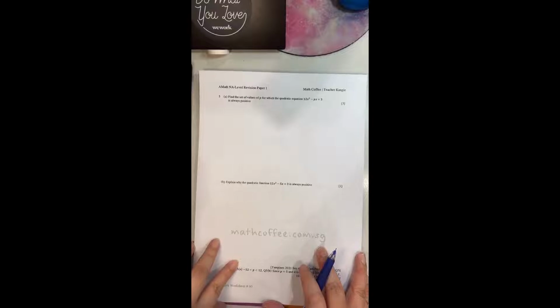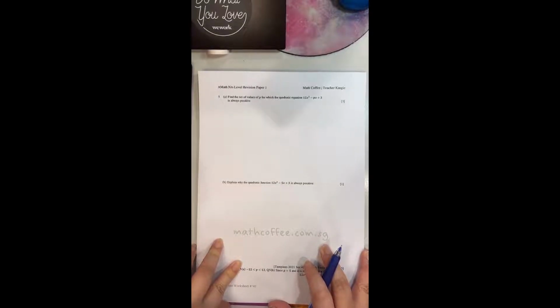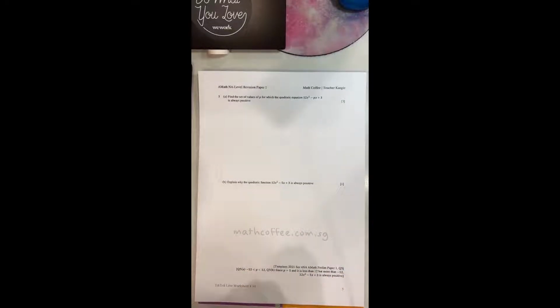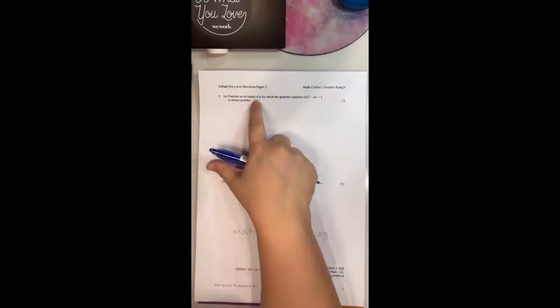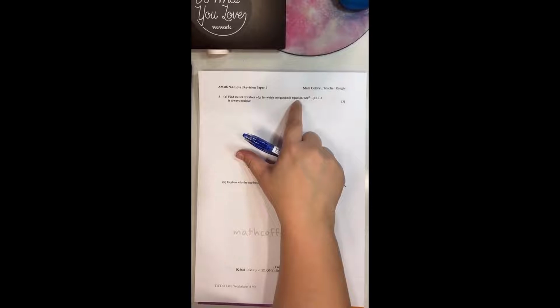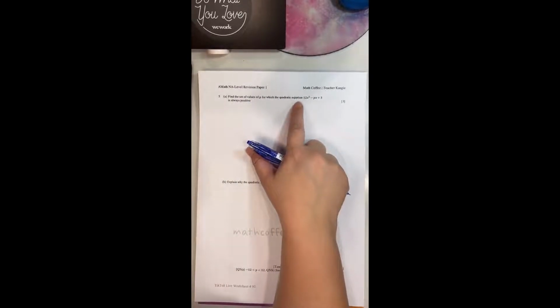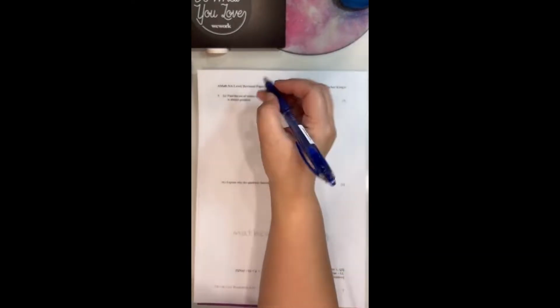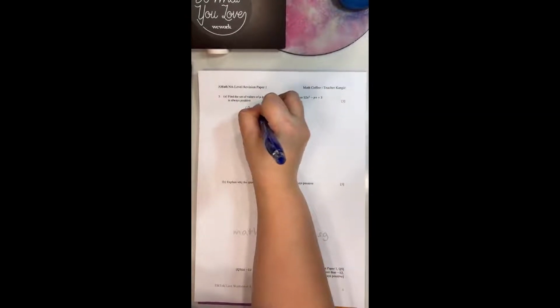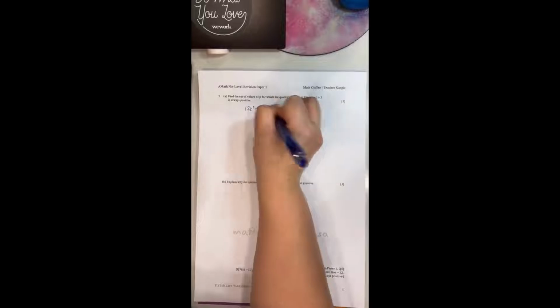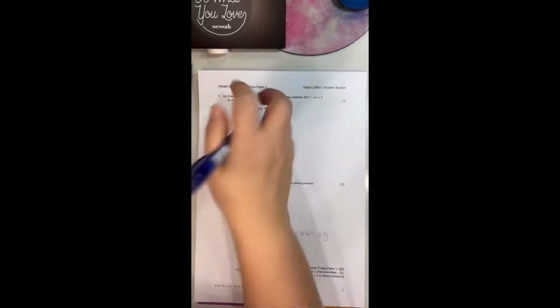Okay, this is the quadratic function topic. So over here they say, find the set of values of p for which the quadratic equation is always positive. Quadratic equation is always positive means you will write it as 12x squared minus px plus 3, always positive.